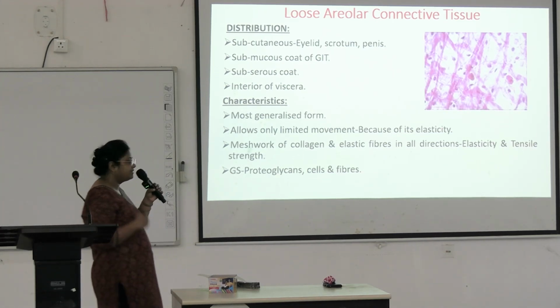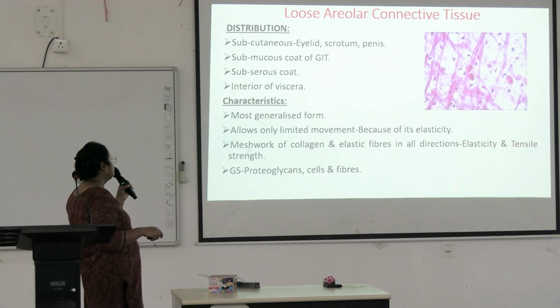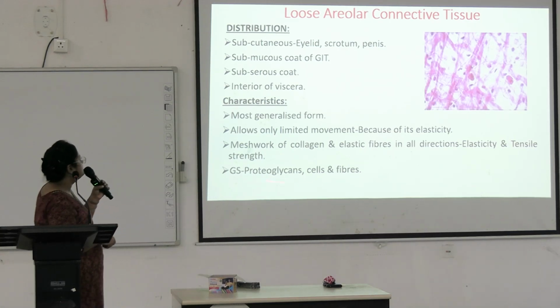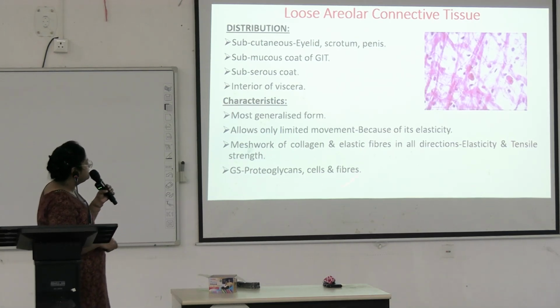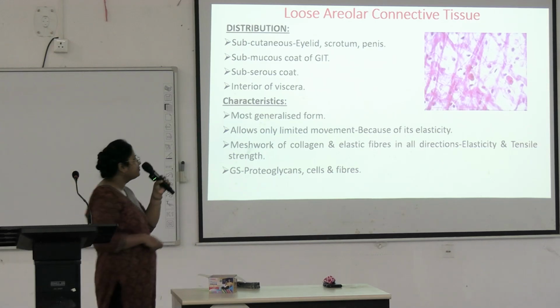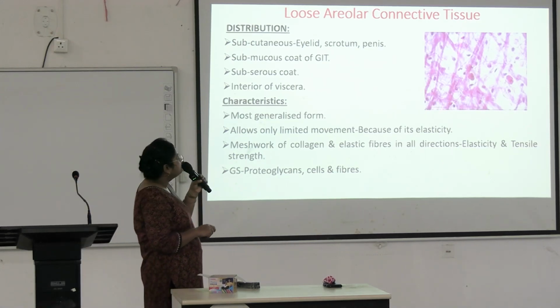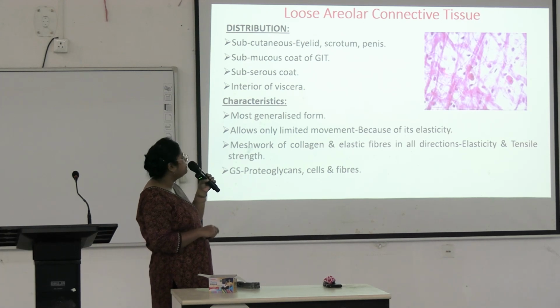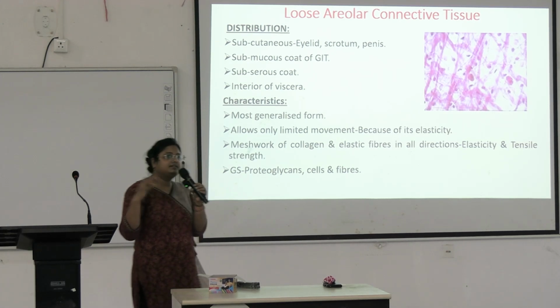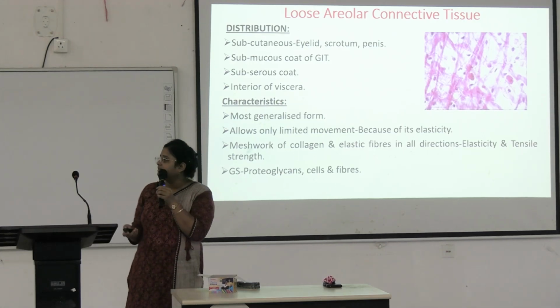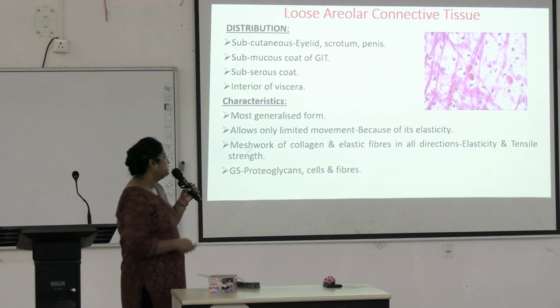And extracellular matrix consists of ground substance, the proteoglycans, there are cells and the fibers. So this is how it looks like in HE staining slide. Some collagen fiber bundles, elastic fibers, multiple cells, different extracellular matrix will be present. Understood?